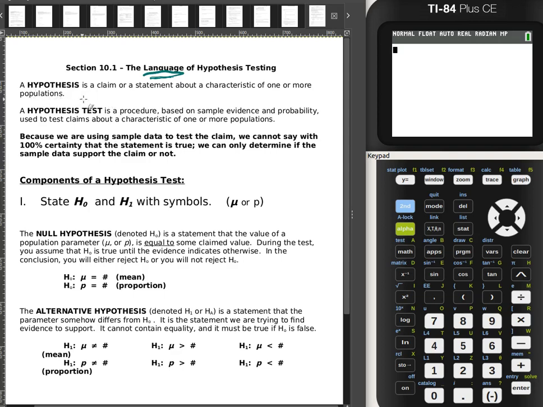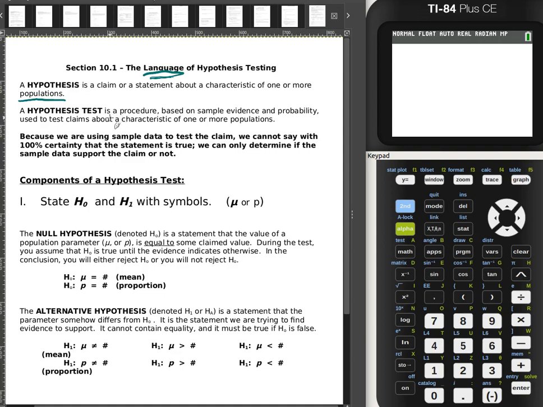We will talk about hypothesis, what it means in the context of statistics is that it will be a claim about a population. So instead of just a general hypothesis, which is something that's testable, right, by using an experiment, this will be a claim specifically about a population. So we can make a claim about a population proportion.